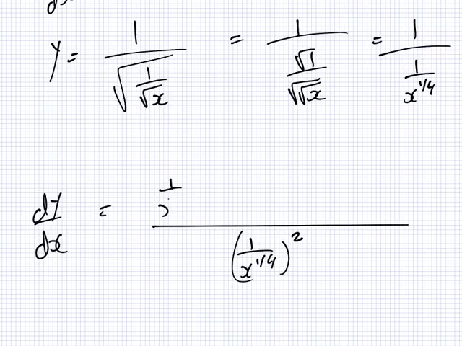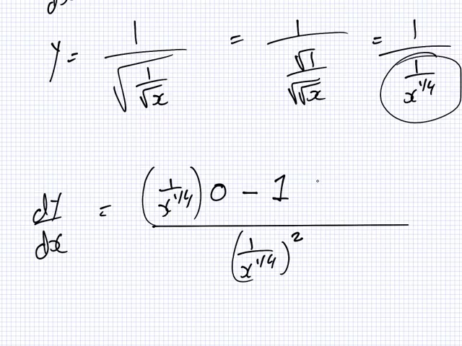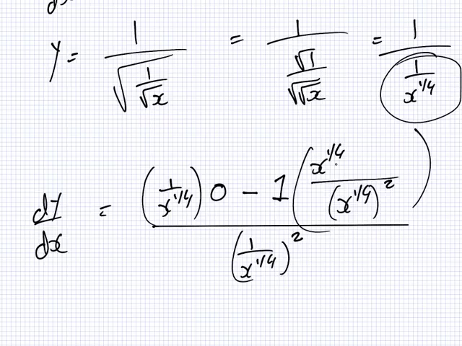The bottom times the derivative of the top minus the top times the derivative of the bottom. And what rule do I need for this derivative? Another quotient rule, which is the bottom squared, the bottom times the derivative of the top minus the top times the derivative of the bottom.